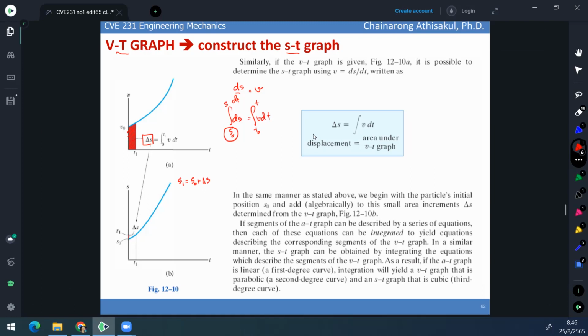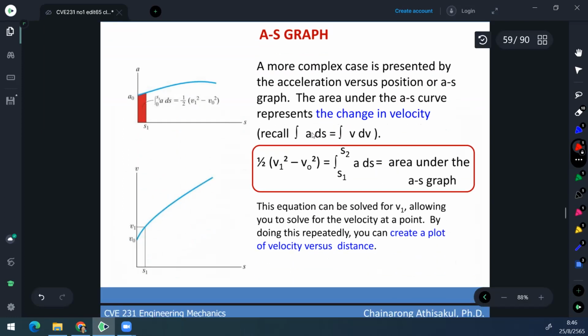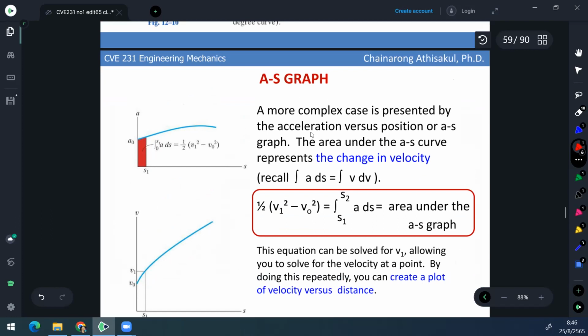Okay. So let's take a look at a more complicated case. That is, we know the relationship between acceleration and position, not acceleration and time.